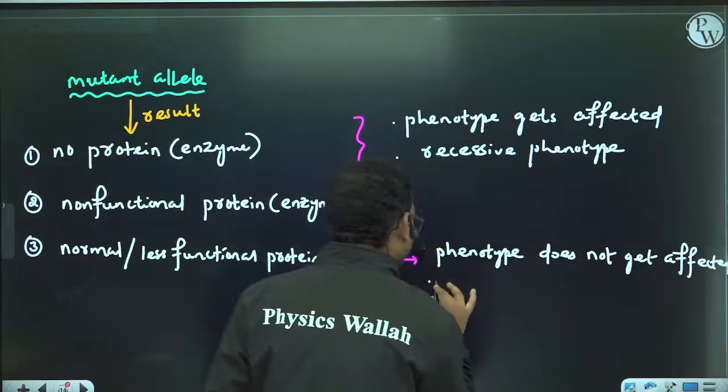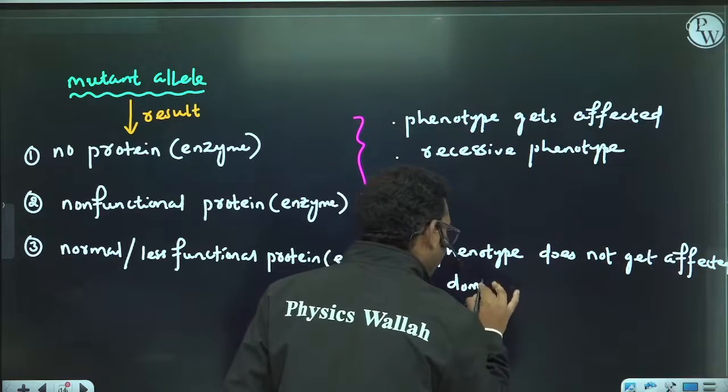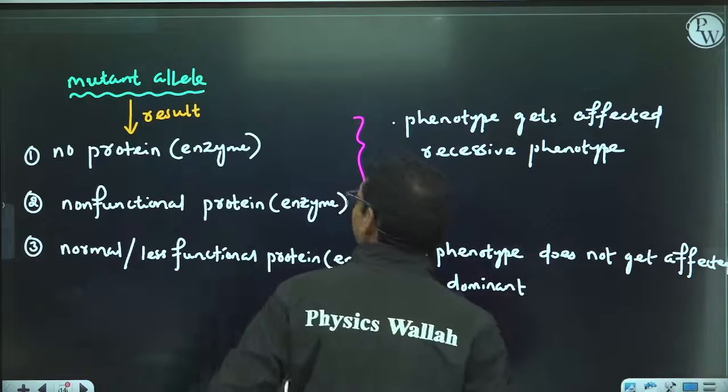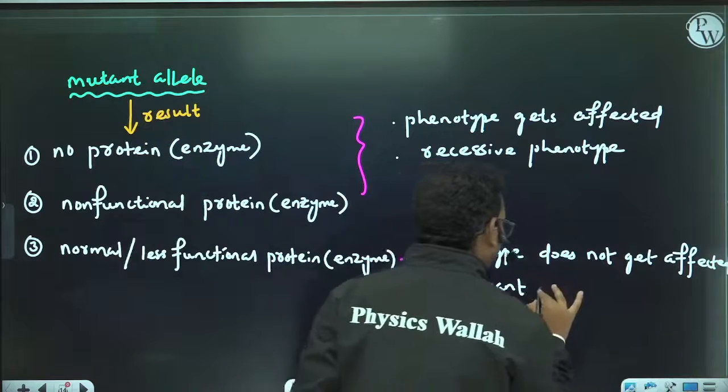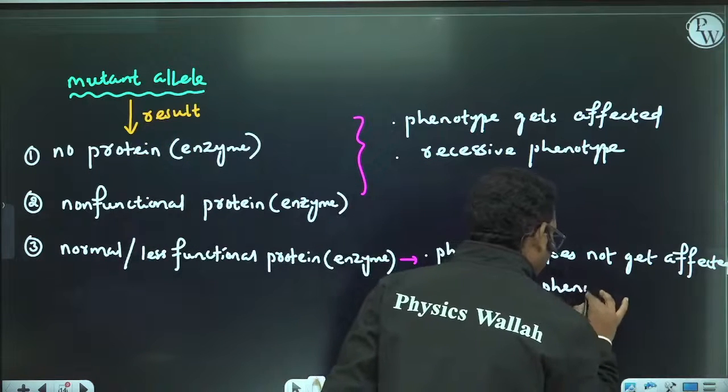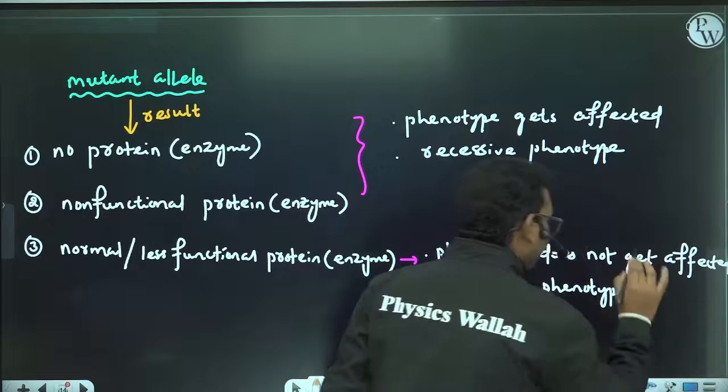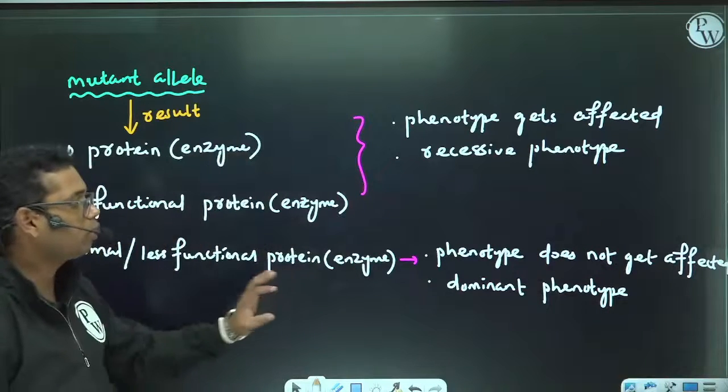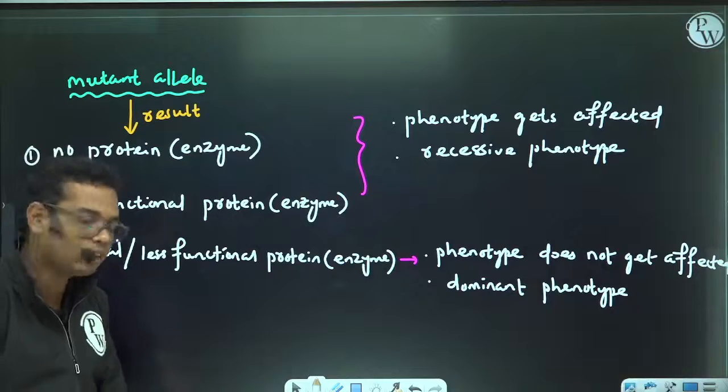And in this case the phenotype which will be produced by the mutant allele will be dominant phenotype. So these are the points you have to remember here.